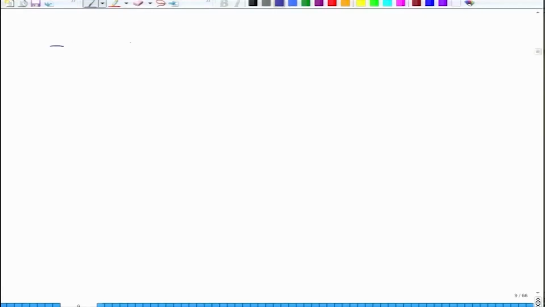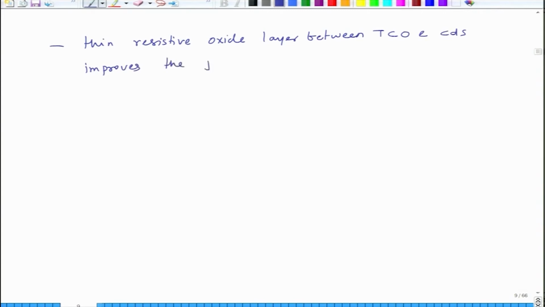Sometimes also, if you put a thin resistive oxide layer between TCO and CdS, it improves the junction.